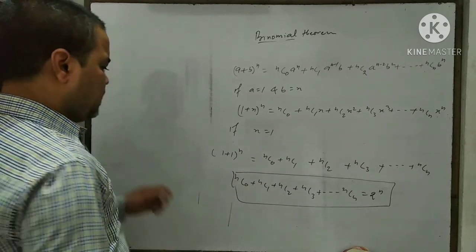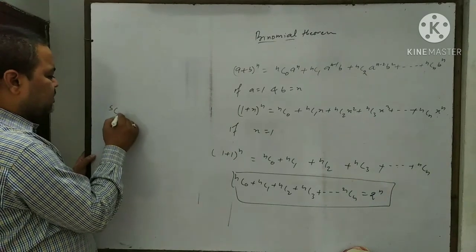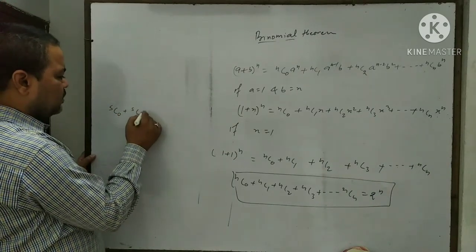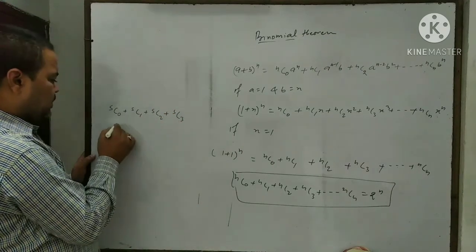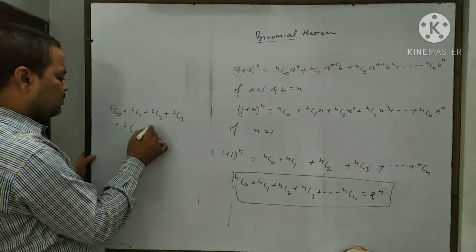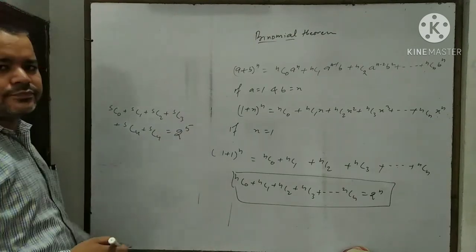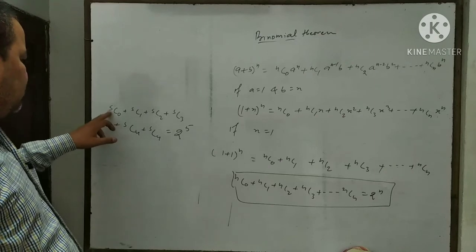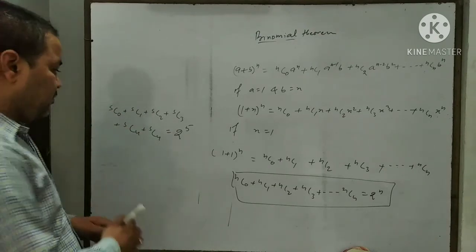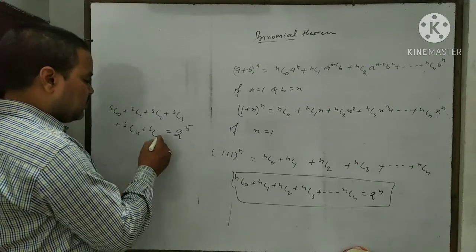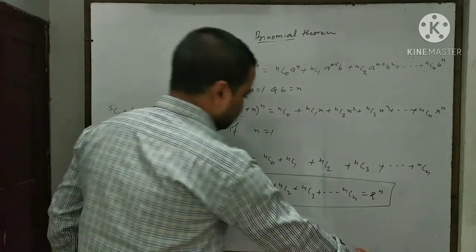It means if we add 5C0 + 5C1 + 5C2 + 5C3 + 5C4 + 5C5, its value will be 2 raised to the power 5. Here we get this conclusion.